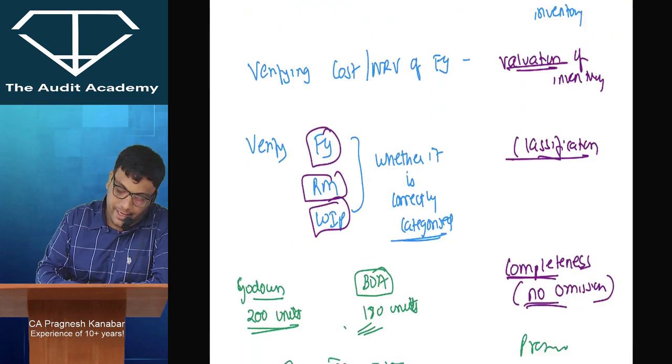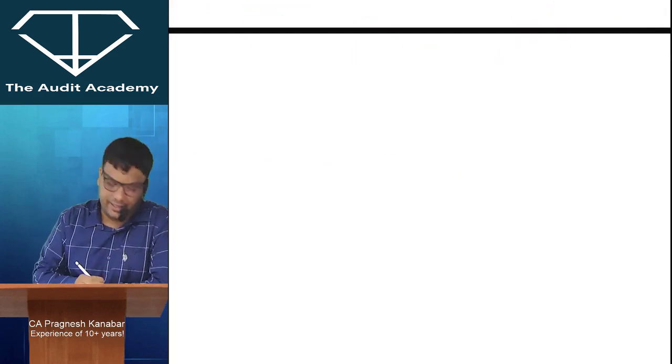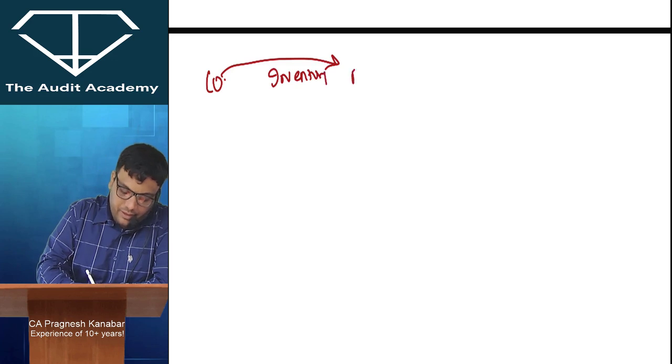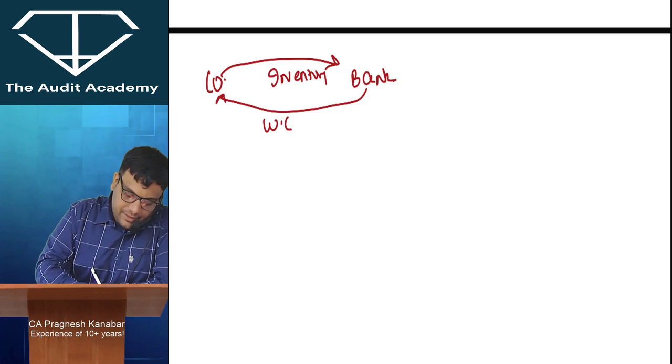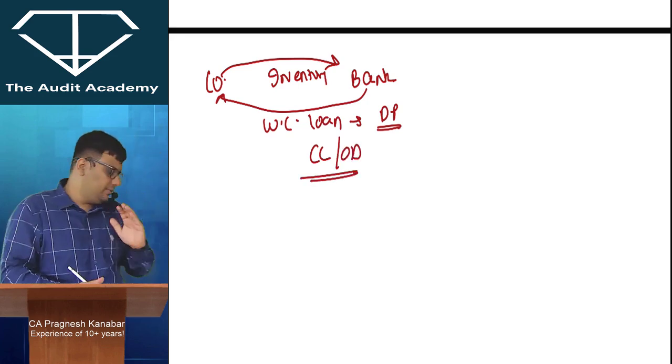Many a times, you will see this transaction in practical life. A company will use inventory as a security and hypothecate it with the bank, and the bank will give them some working capital loan, which in practical life you call drawing power, or you may be using the word CC or OD. What is the transaction of that CC OD?